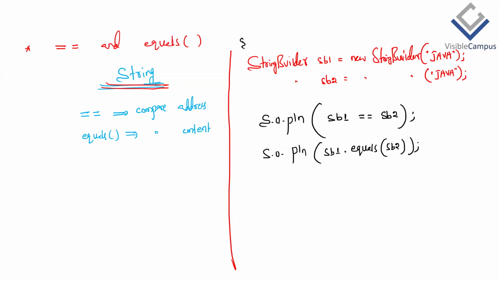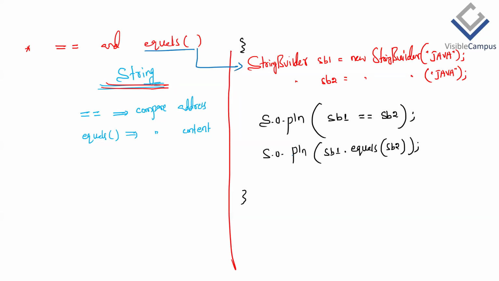Assume that we are writing this inside a main method. When the JVM executes this code, first of all, the compiler will check: is it syntactically correct or are there any errors? Do we have an equals method on StringBuilder also, or is it only there for String? The answer is it is there for both. Therefore, syntactically, everything is right in this code.